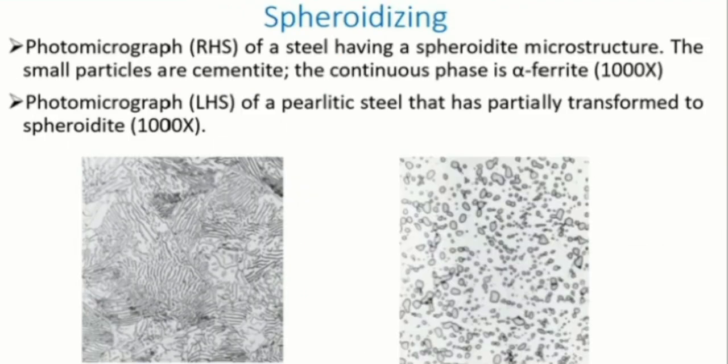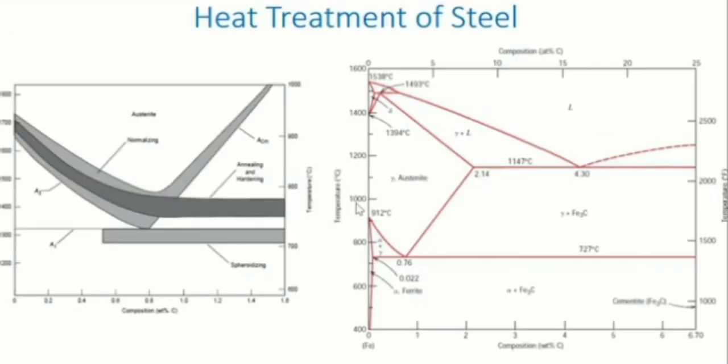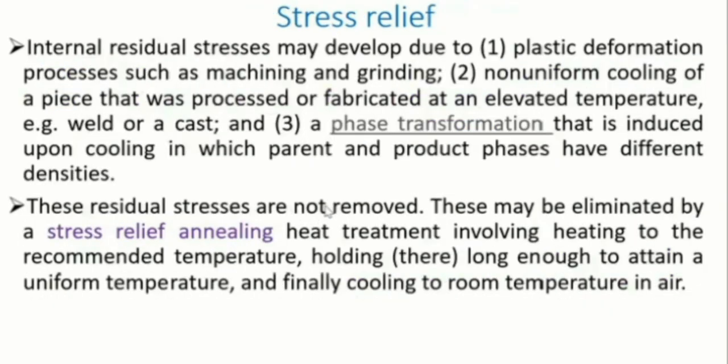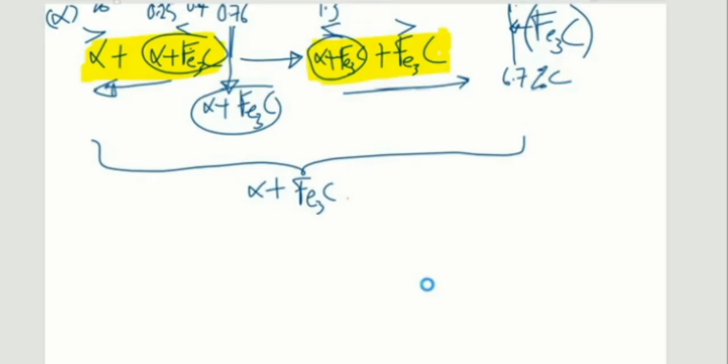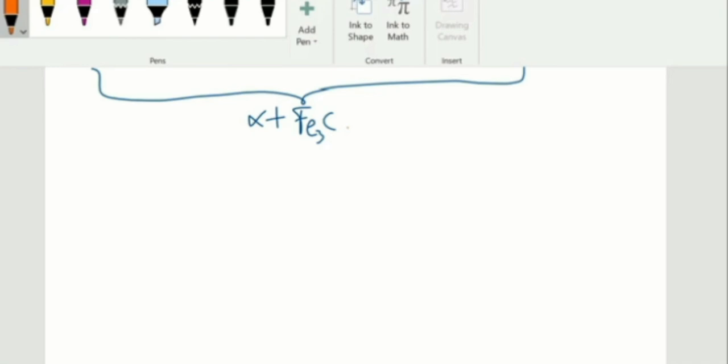So briefly, let's look at these three processes: normalizing, full annealing, and then spherodizing. Let's start with normalizing.